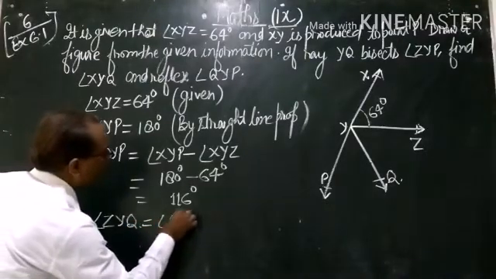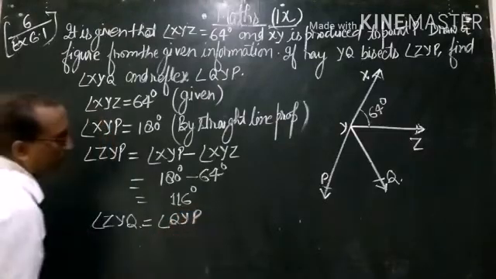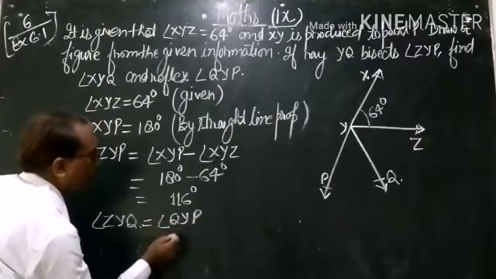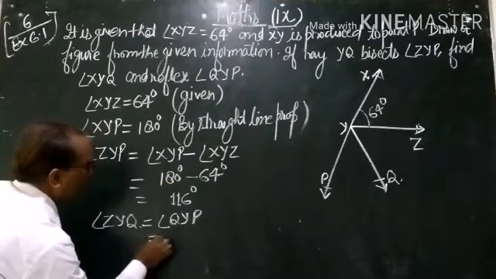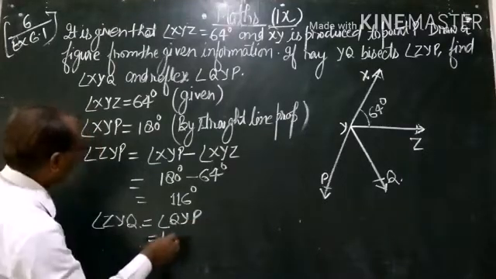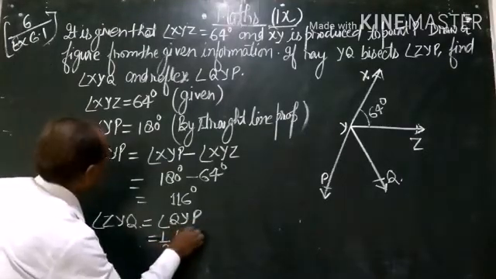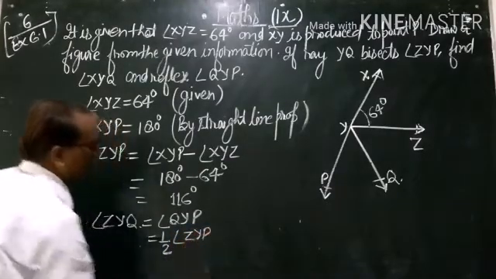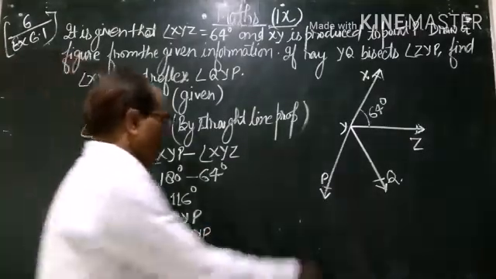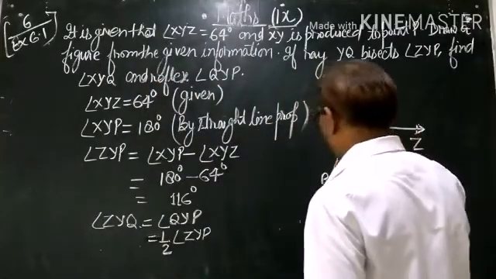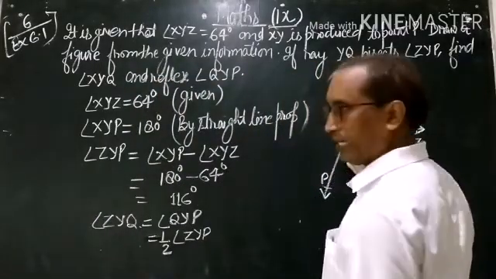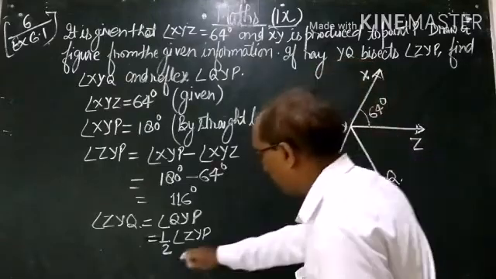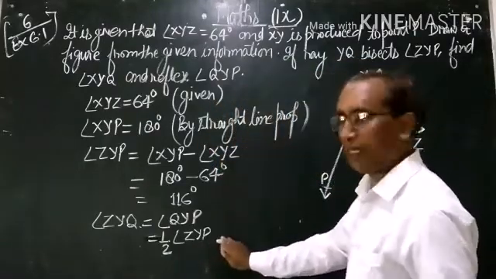Angle QYP is equal to 1/2 angle ZYP, because YQ is a bisector of angle ZYP, therefore this angle is equal to this angle and both are equal to each other, 1/2 ZYP.